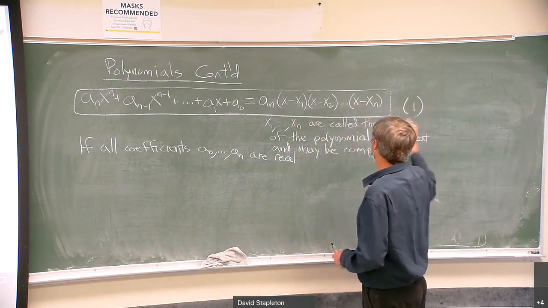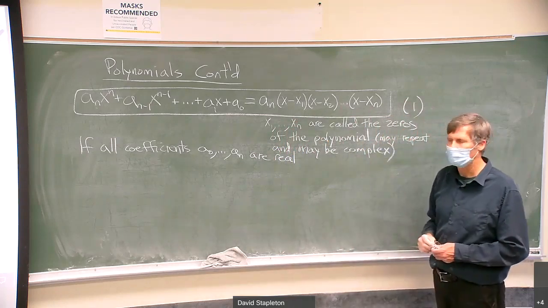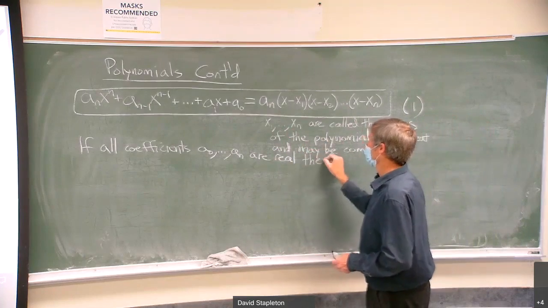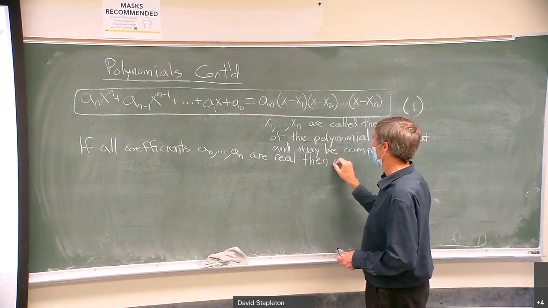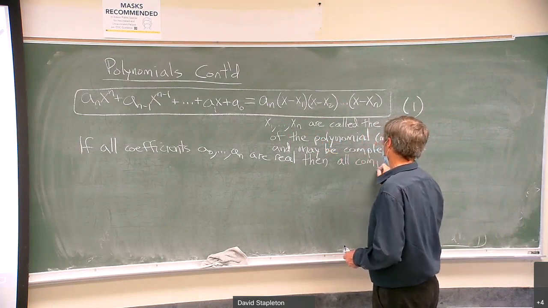Call this equation 1. Then any of these complex zeros, all of them, come in conjugate pairs.